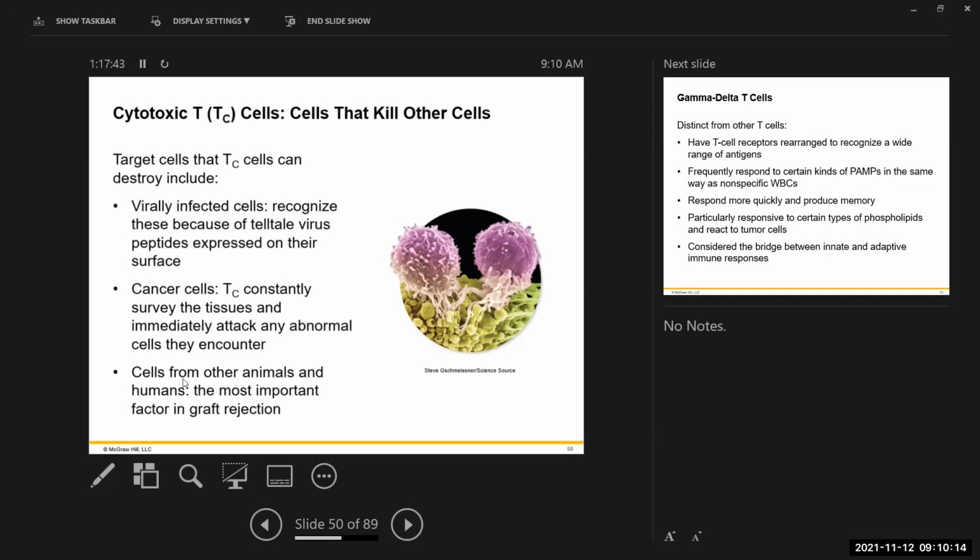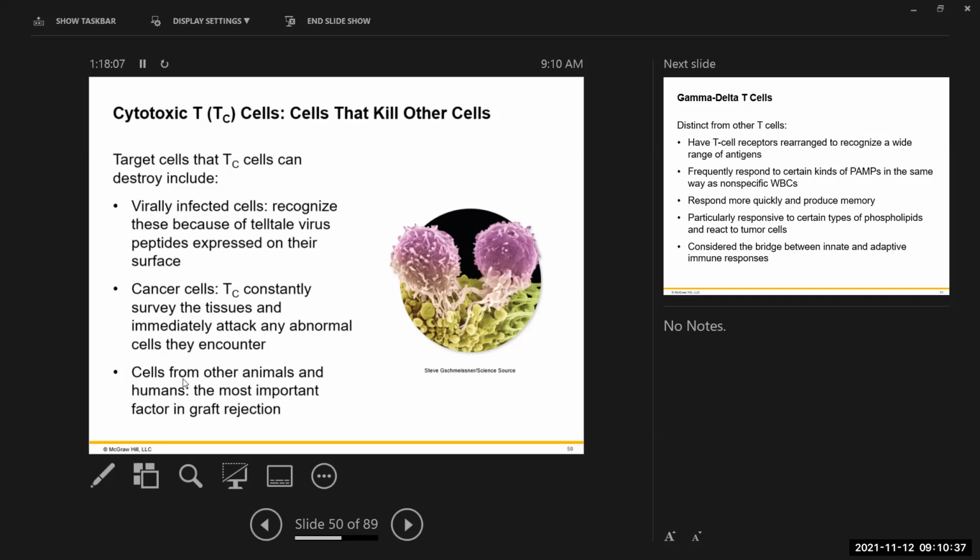So these class 1 proteins actually come from inside the cell. Whereas class 2s were from things that came from outside the cell and ended up in a lysosome, were chopped up, and then were bound to a class 2 that was delivered to the lysosome and then sent to the surface.